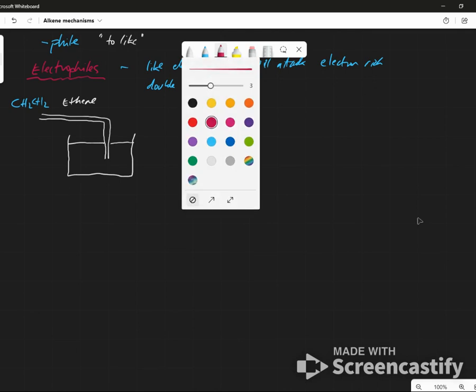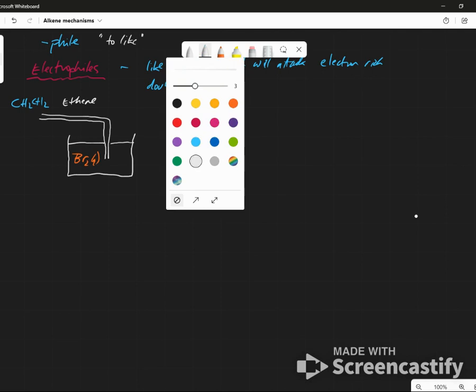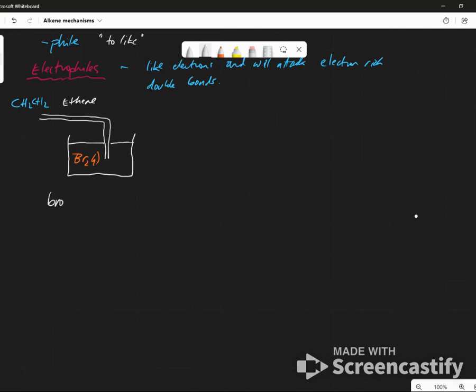I'm going to pass this ethene through bromine water, Br2 aqueous. And as you know from your Form 5 days, I'm sure, the bromine water will go from brown to colourless.